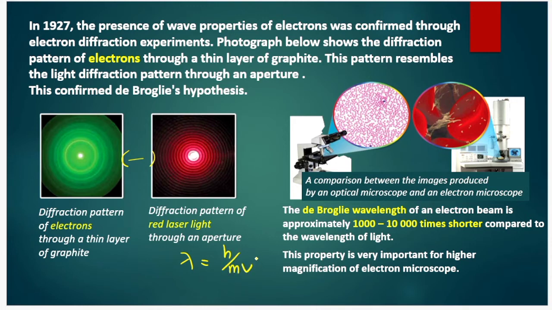So this property is very important for the higher magnification of the electron microscope. As you can see, the image of a blood cell using the electron microscope is many times bigger compared to the optical microscope, because the magnification is higher with an electron microscope.